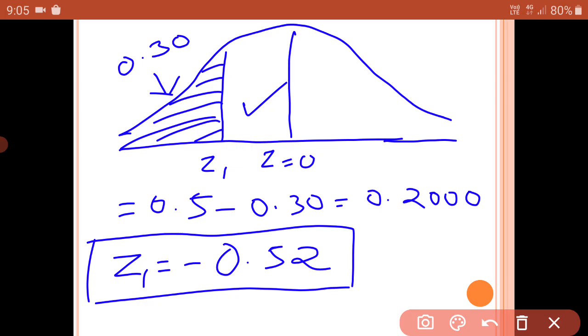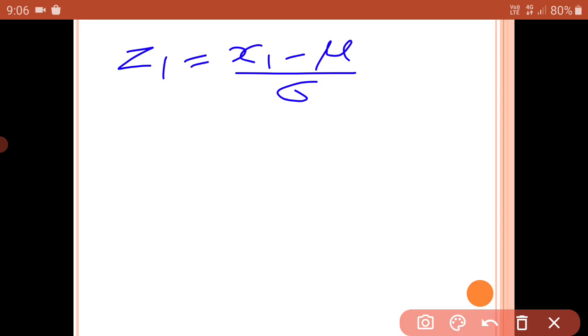After that, you write the equation z1 is equal to x1 minus mu upon sigma.